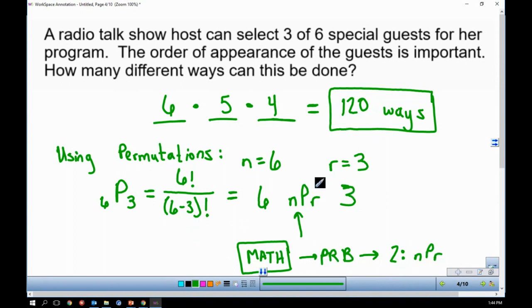You put this in the calculator, and it would tell you the answer is 120.